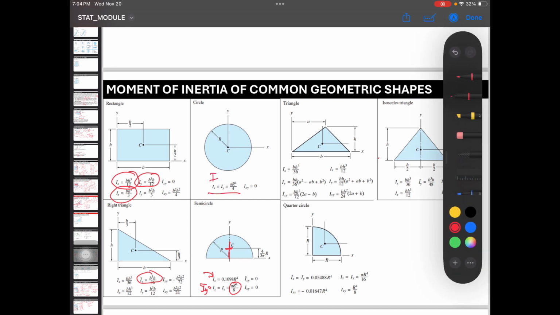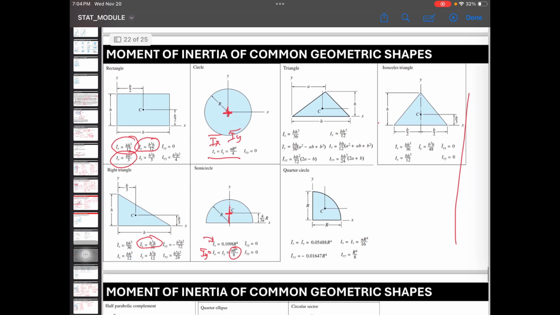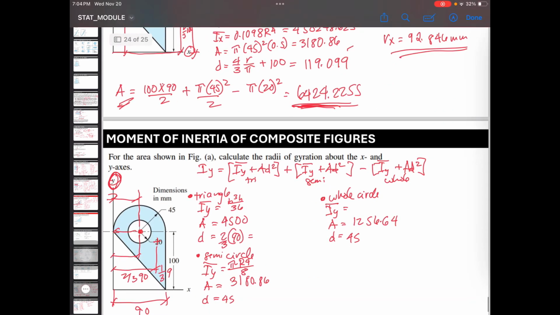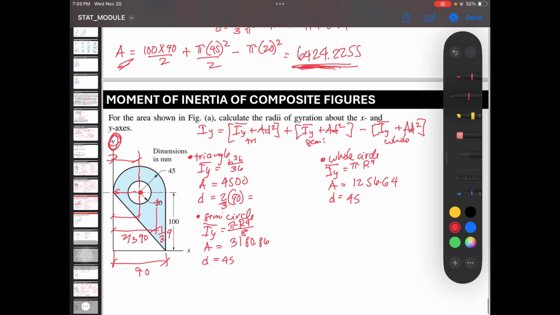Tingnan nyo, wala rin siyang Ix bar and Iy bar, kasi gitna siya anywhere. Okay, so, ano nga ba? Pi r to the 4th over 4. Okay, let's compute.